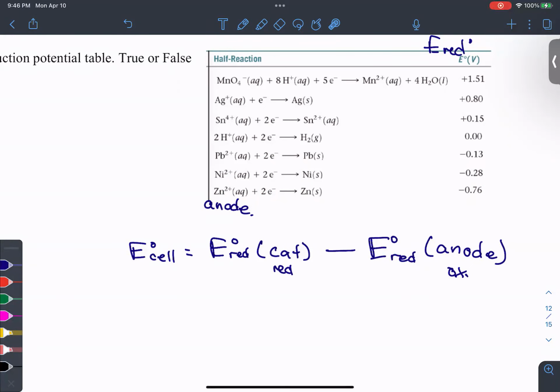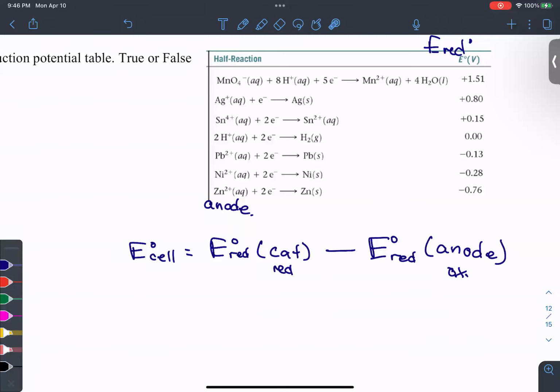So that's fine, and I understand why you want to do it. You want to treat it like Hess's law. You have a reduction reaction that's consuming electrons, you have an oxidation reaction that's giving off electrons. You flip one of them, so you flip the sign of the cell potential. But if you do that, then you have to add your reduction and your oxidation cell potentials.